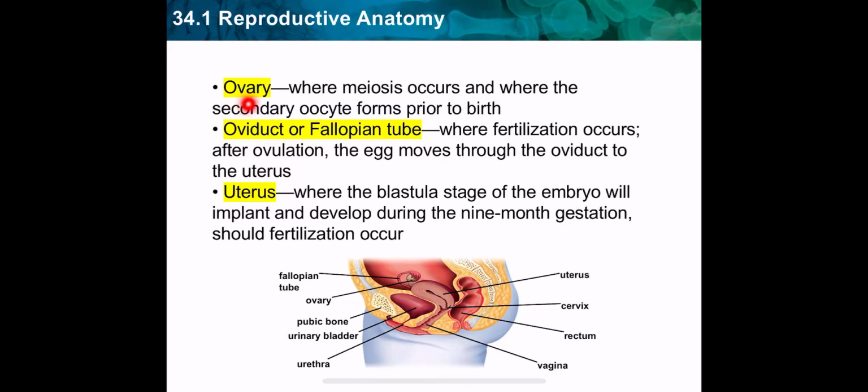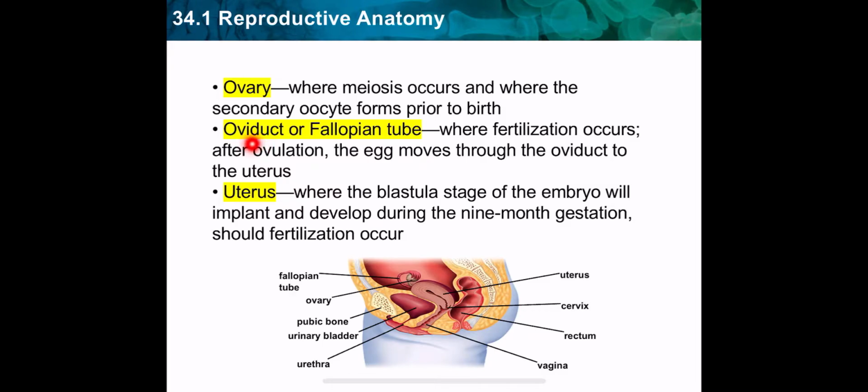The function of the ovary is production of fully matured egg or ova, where meiosis occurs and where the secondary oocyte forms prior to birth. So meiosis occurs in the ovary. Also, most of the ova start their meiosis and production before birth.